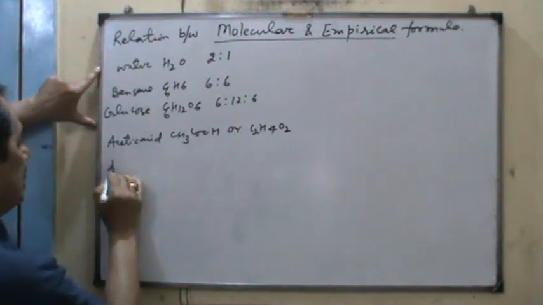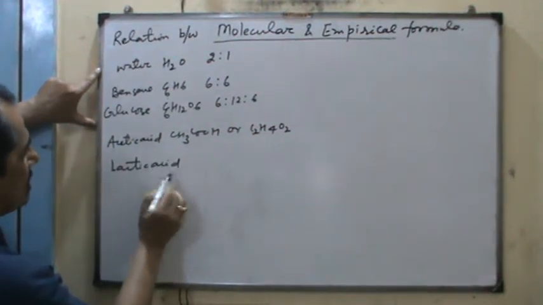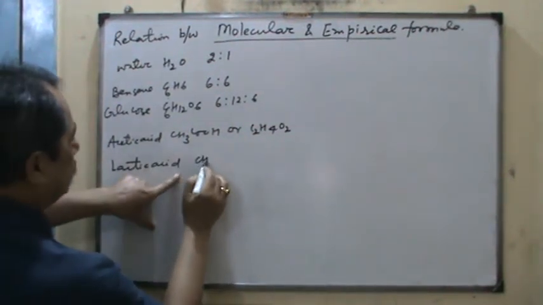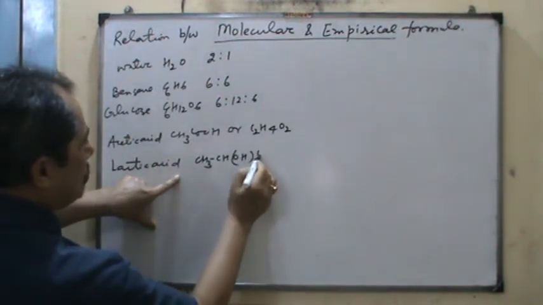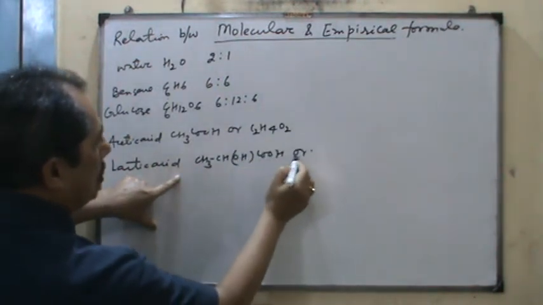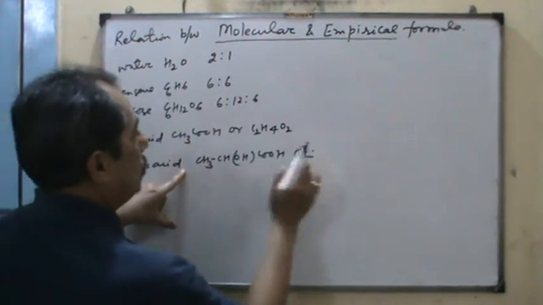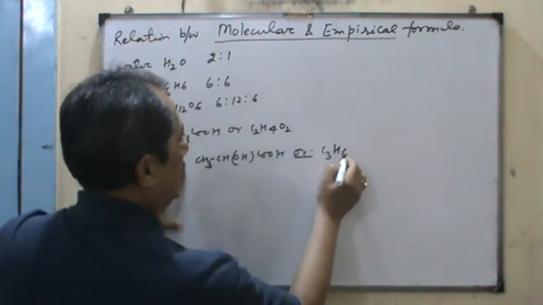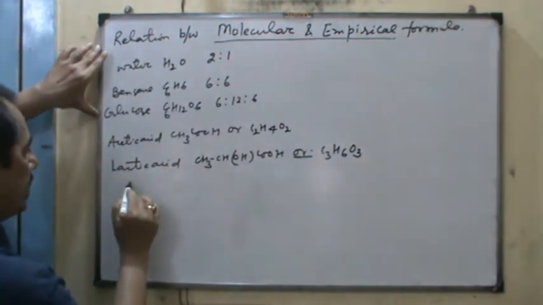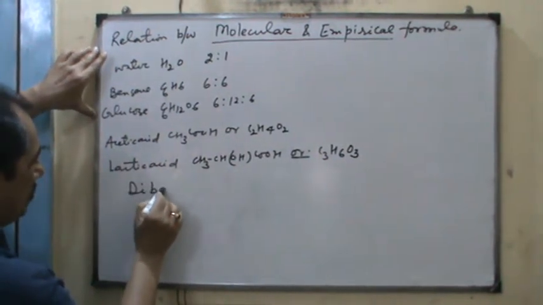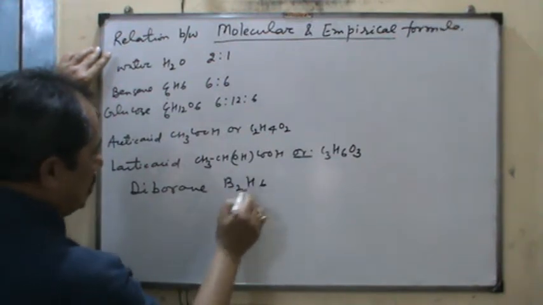If I say lactic acid, that is CH3CHOHCOOH, or I can make it brief. Carbon how many times? 1, 2 and 3. C3H6O3. If I say diborane, B2H6.